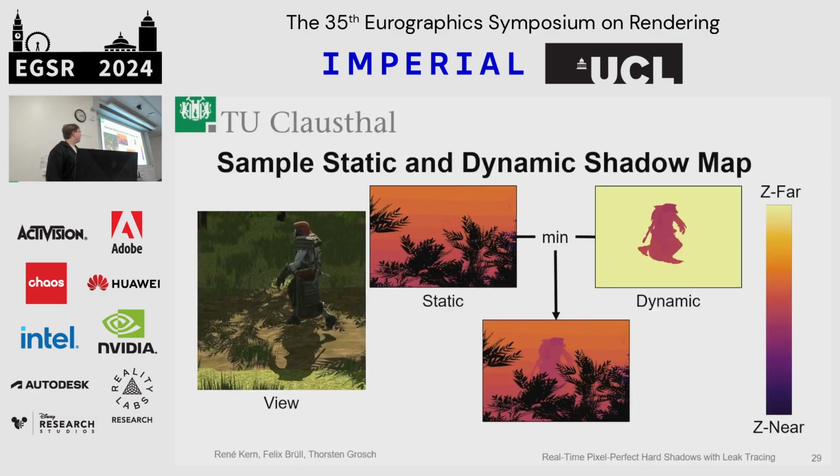And to actually use this, we sample from both shadow maps using the gather operation and then take the min of all of these gather values, basically reproducing the combined shadow map. And this shadow map is then used in the filterable shadow map test.